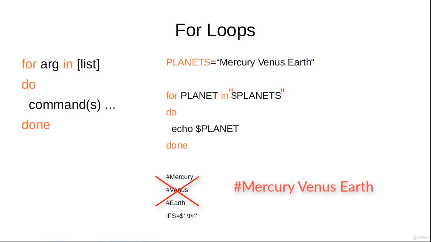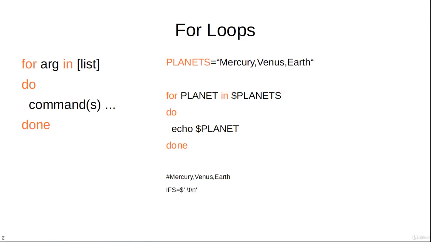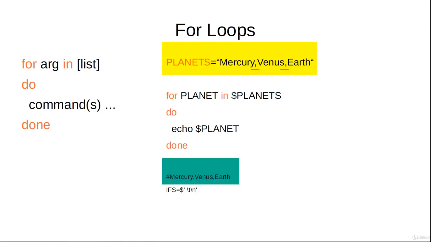Let's see another example with the internal field separator. Into the variable planets, we are assigning Mercury, Venus, Earth separated by commas. The for loop in that case would iterate only one time and we would see only one string printed, as the internal field separator doesn't contain the comma symbol, so there is nothing to separate in our variable.